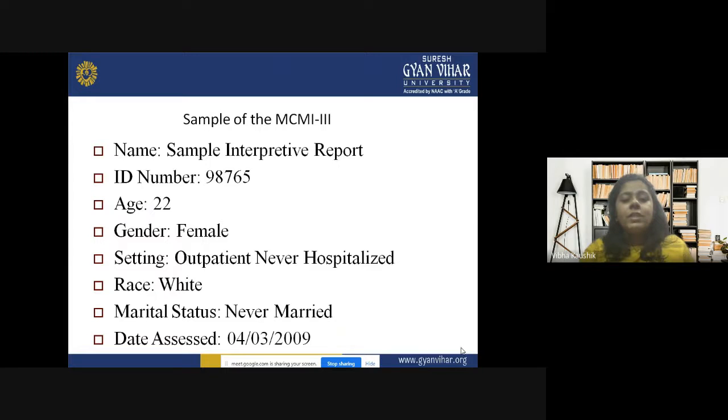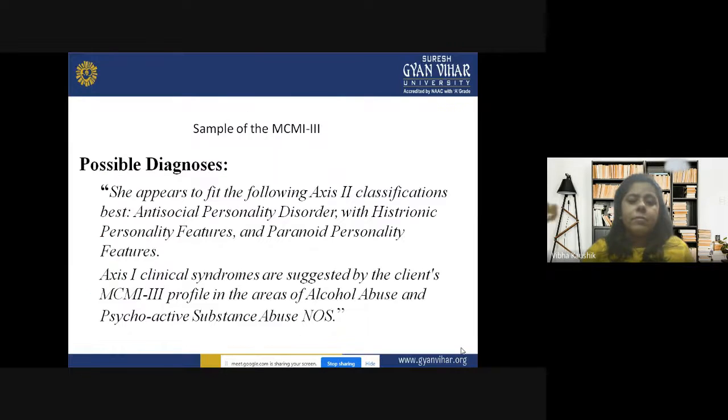Sample of MCMI-III interpretive report: ID number you have to write there, age, gender, setting outpatient, never hospitalized, race white, marital status never married, date assessed 4/3/2009. Now, sample of MCMI-III possible diagnosis.